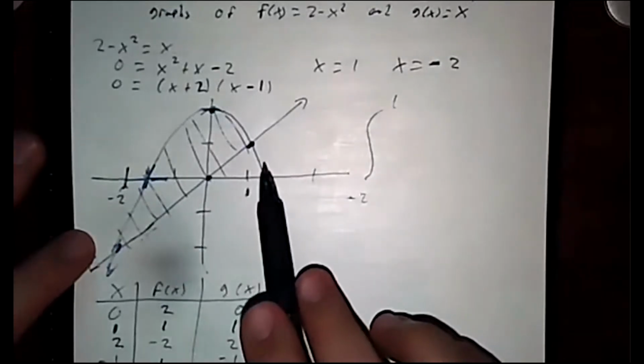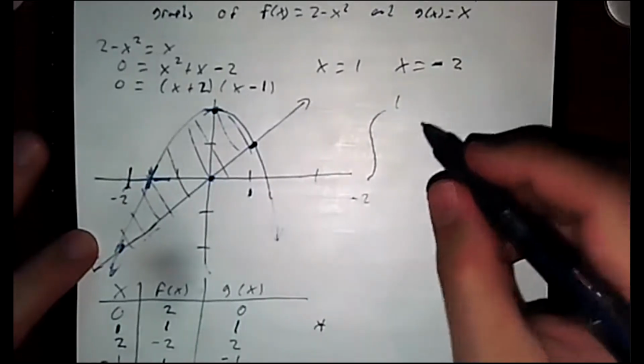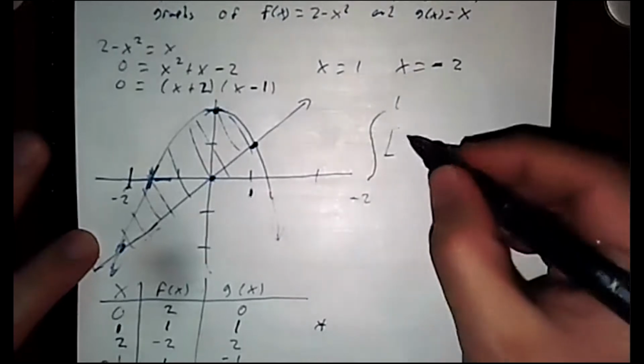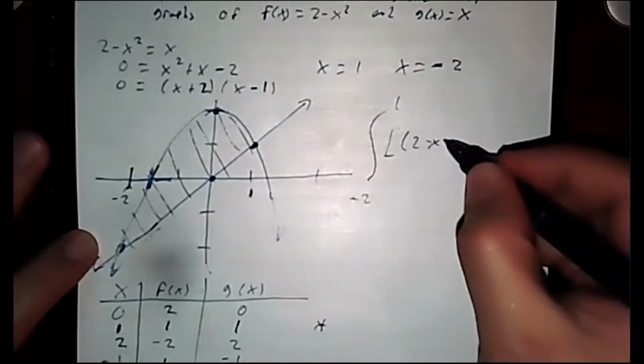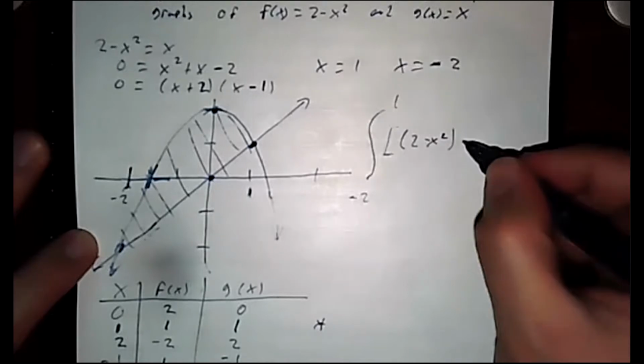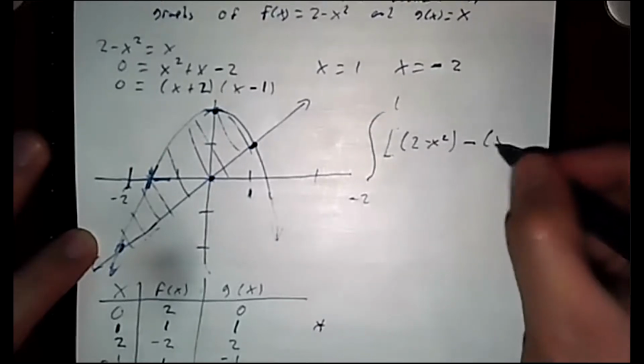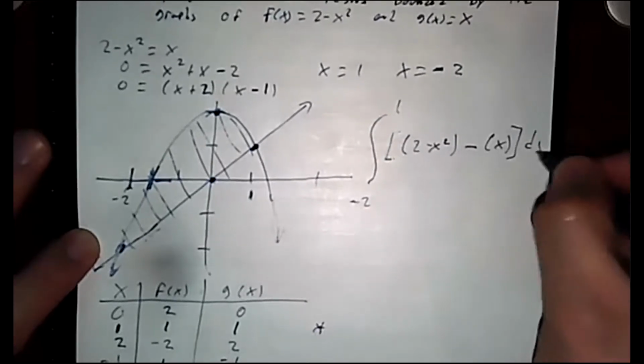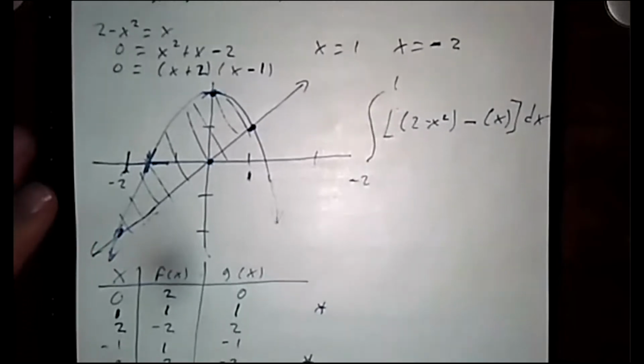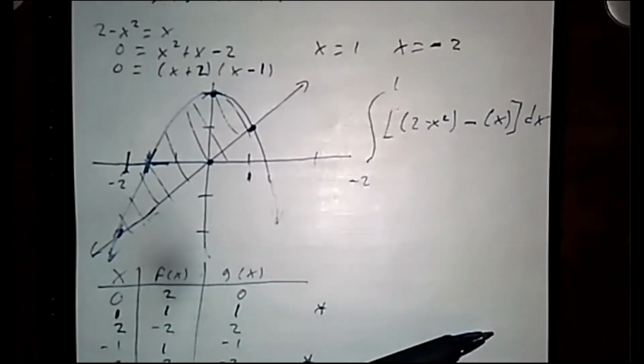That's why I chose those bounds. Top function is the parabola, so put that first. 2 minus x squared minus the bottom function, which is x, all of this dx. Does this make sense? How we find the intersection points, how we set up the integral.